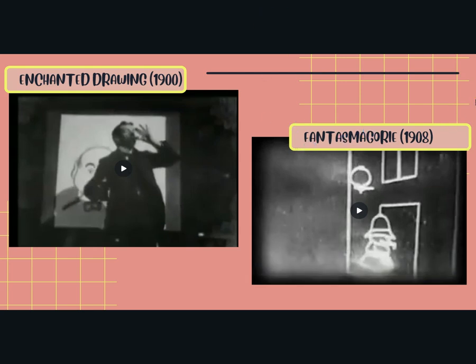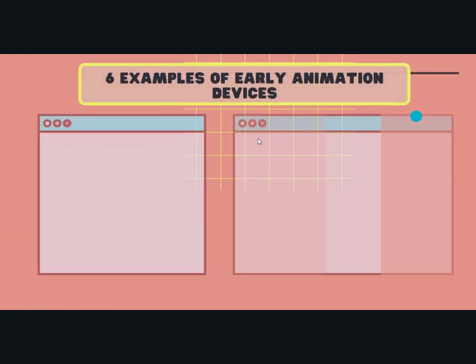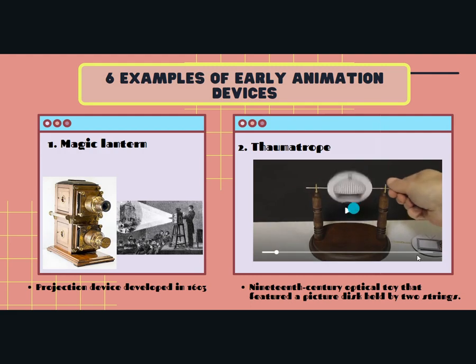So we have here the first early animation device. We have the magic lantern. Six examples of early animation devices. Throughout history, there have been numerous devices and toys capable of depicting active scenes of animated cartoons, characters, people, objects, and events.